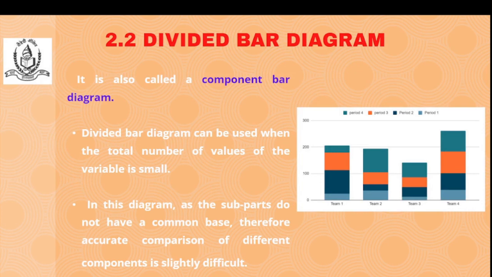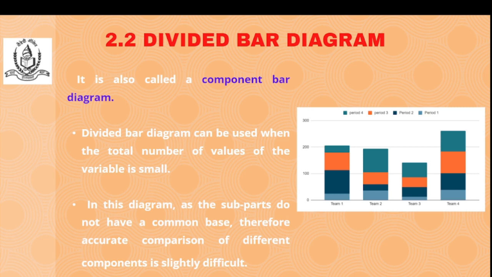Now, because here the different components of one variable are represented with the help of a single bar, this kind of diagram is also called component bar diagram or stacked bar diagram. Divided bar diagrams actually serve the same purpose as multiple bar diagrams, but there is one major difference.